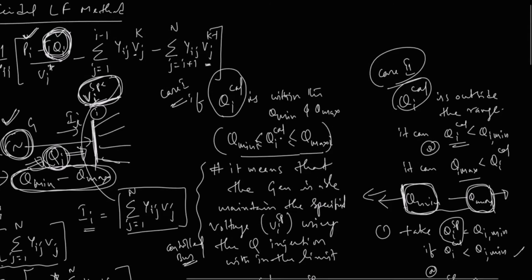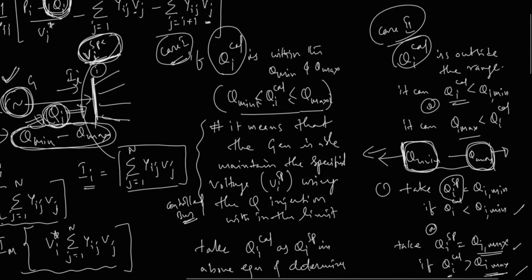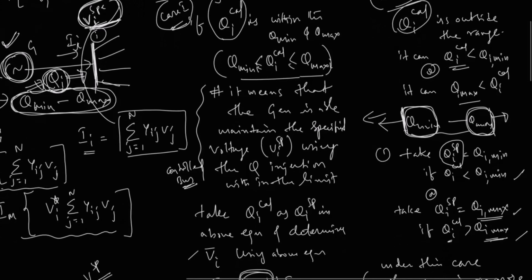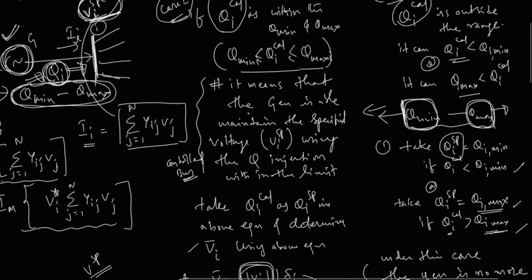If Q calculated is within the limits, it will be case 1, or if Q calculated is falling outside the limits, it will be case 2. Now in case 1, when it is within the limits, it means that the generator is able to maintain the specified voltage at its specified bus using its Q limits.